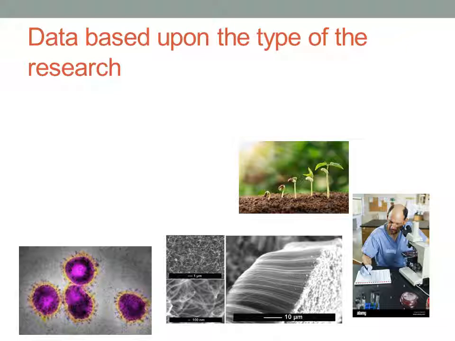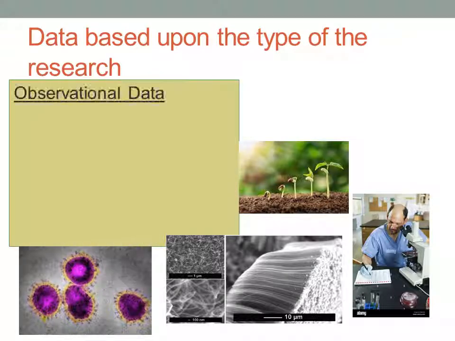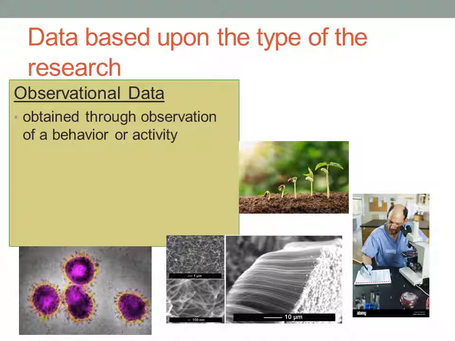Okay, now once you collect data based upon different methods, you have different sets of data based upon what type of research you are doing. First one is observational research.